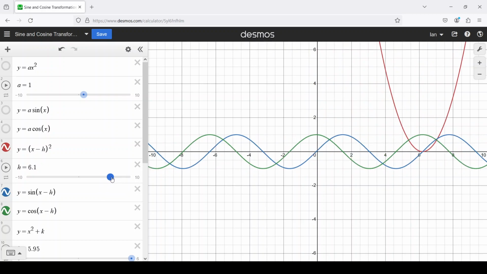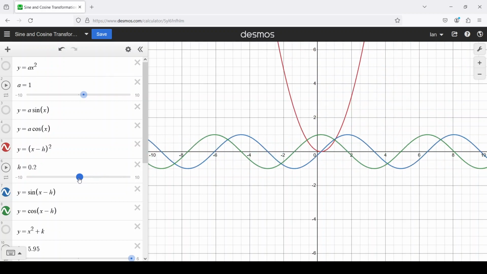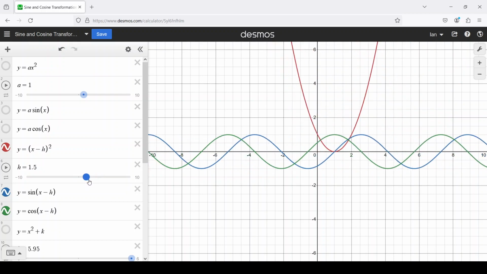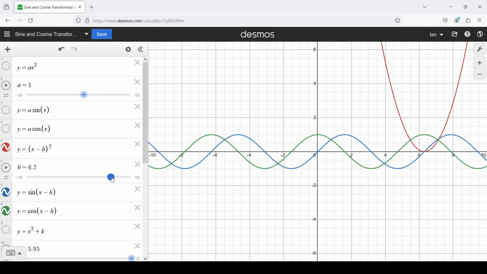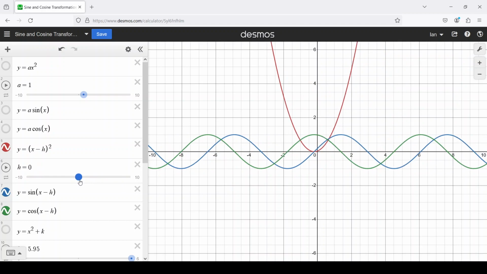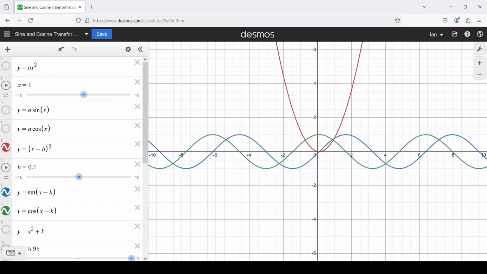Okay, so if you shift the right amount, your sine curve or your cosine curve will land right on where it was. So we get more identities there, right there at about 6.3, because 6.3 is approximately 2 pi. That's why you have that. Okay, but the key takeaway here is that h shifts left and right, just like always.